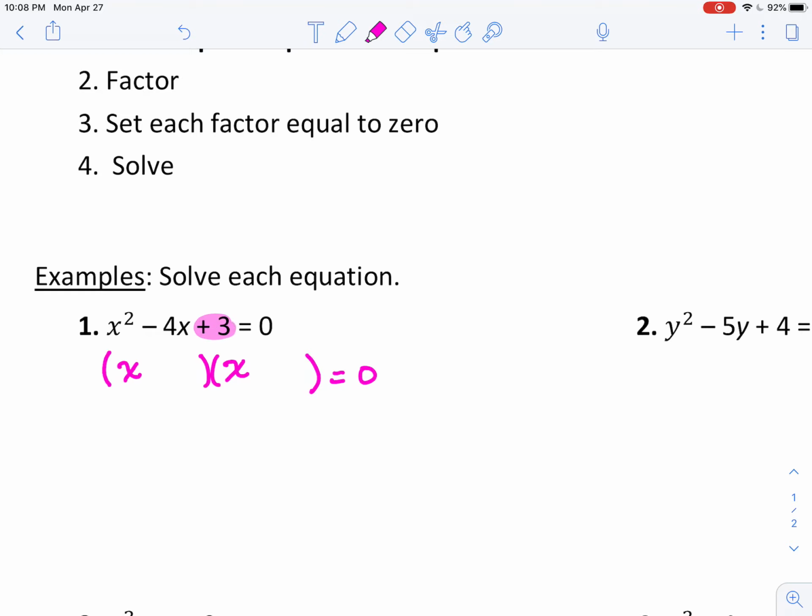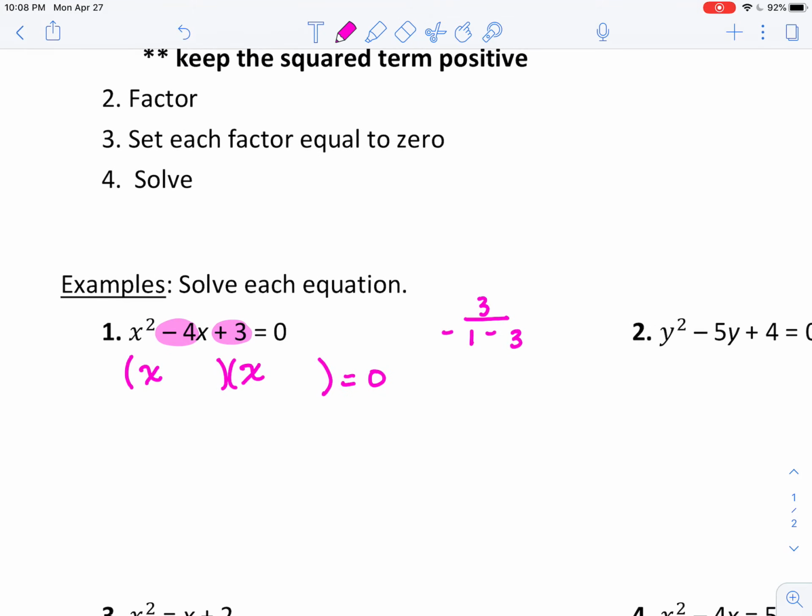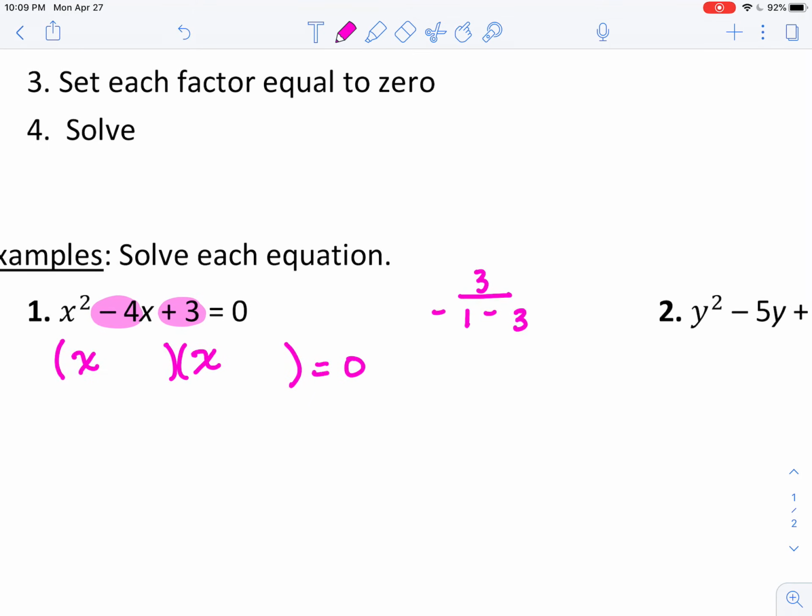Then we look for the 2 numbers that multiply to 3, but add to -4. The only factors of 3 are 1 and 3. To get them to add to -4, we have to make both numbers negative. So this factors into x minus 1 and x minus 3.